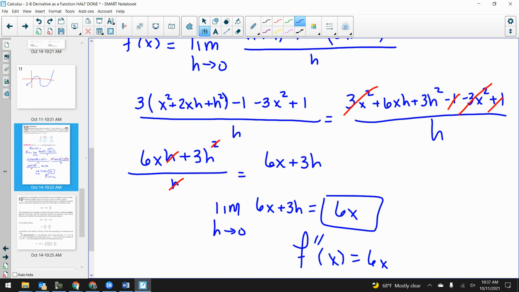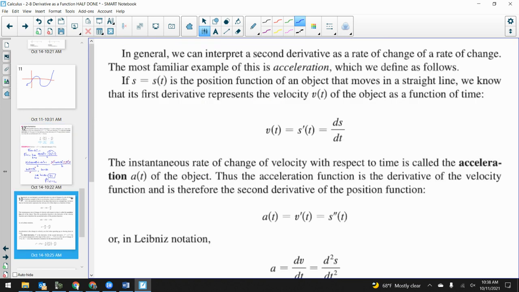Now, it should be decreasing in complexity, especially if it's polynomial. It should look like it's getting simpler each time you go to find the derivative. Now, what are the interpretations of double derivatives or triple derivatives and so on?